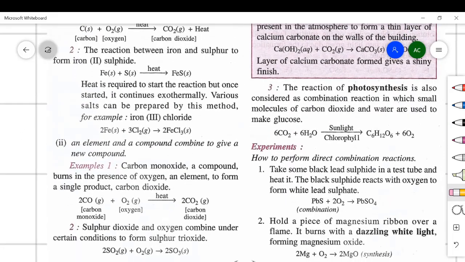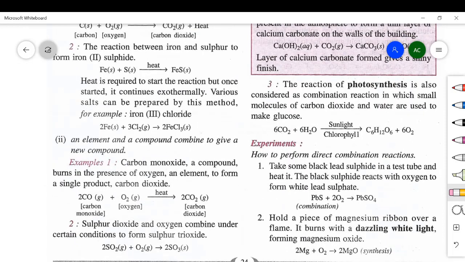Now we'll see the second category of combination reaction, where an element and a compound combine together. That means a reaction between an element and a compound. So this is a compound, carbon monoxide, then this is an element, that is oxygen, and they are combining to form another product, another compound, that is carbon dioxide.